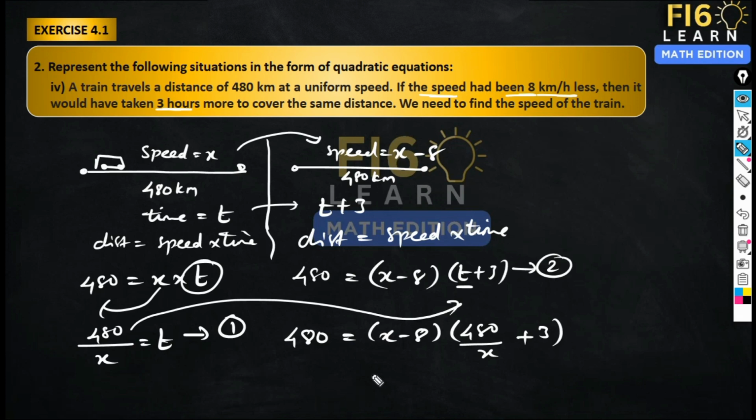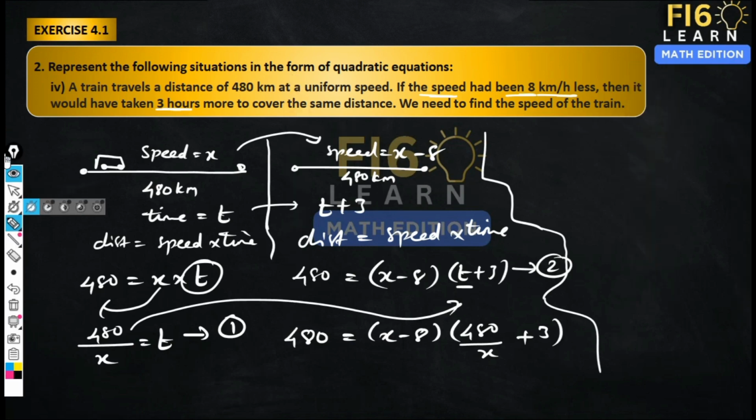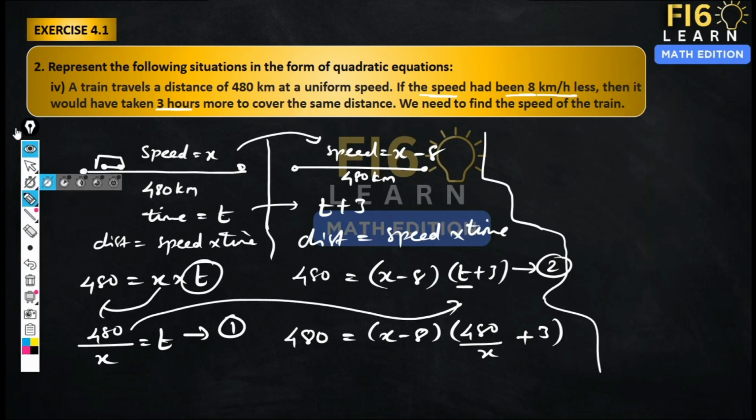Okay, now we have to rearrange this equation. So I'm rewriting here. I think this space won't be enough. So I'm writing it here. So I'm writing here 480. Now here the x minus 8 multiplication, I am taking this to the left side, so it will become division.